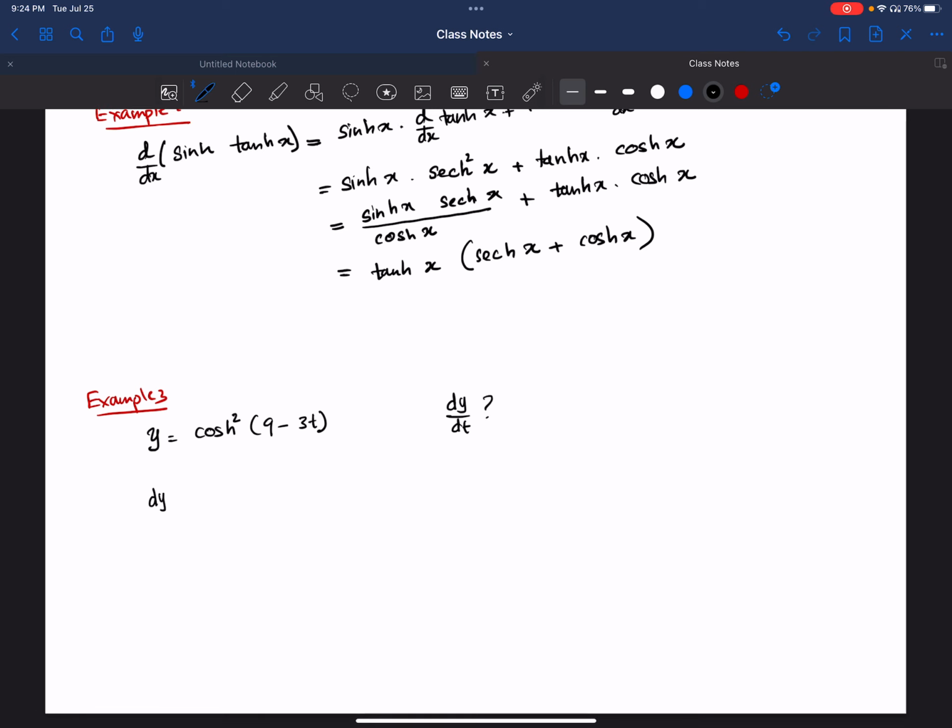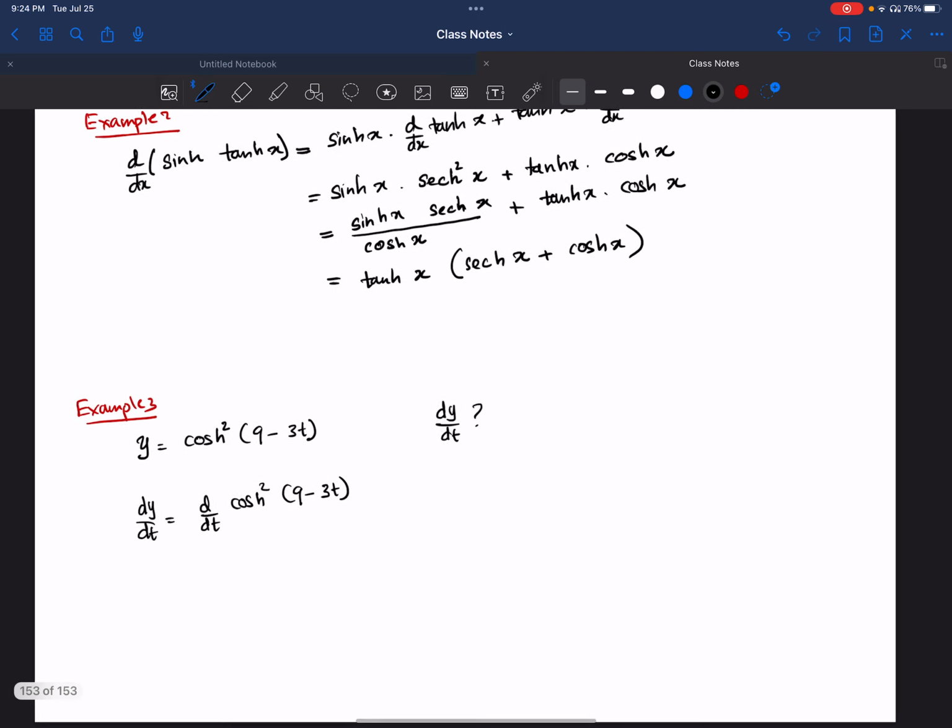So dy over dt is d over dt cosh squared of 9 minus 3t. First you can take the power formula.